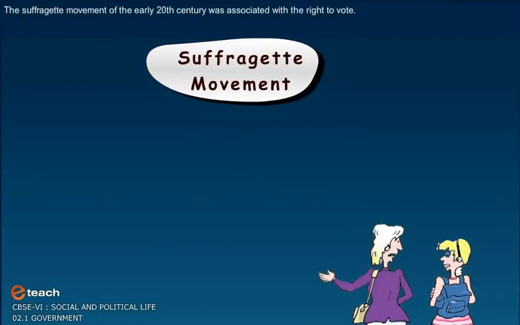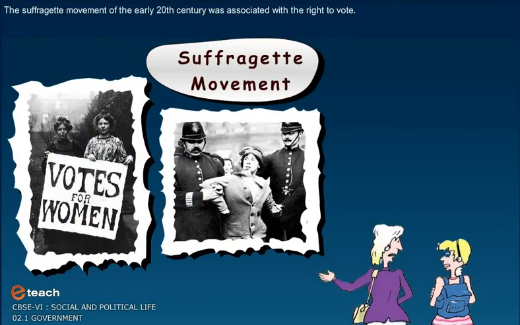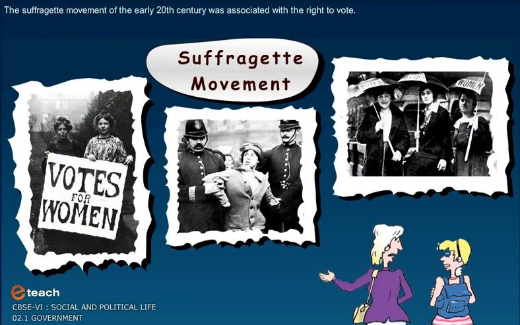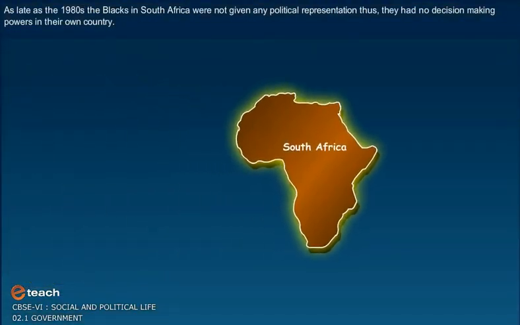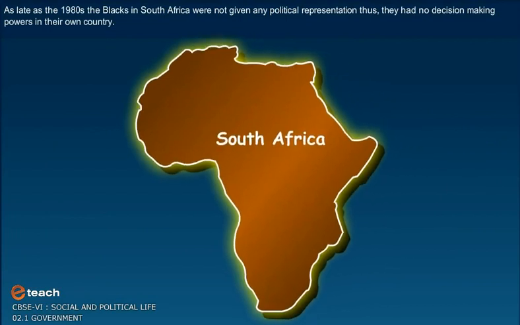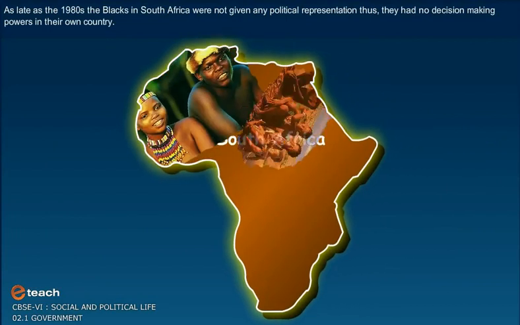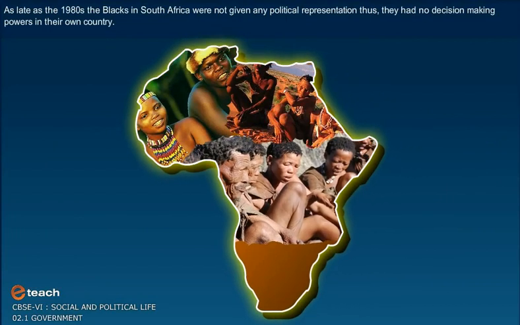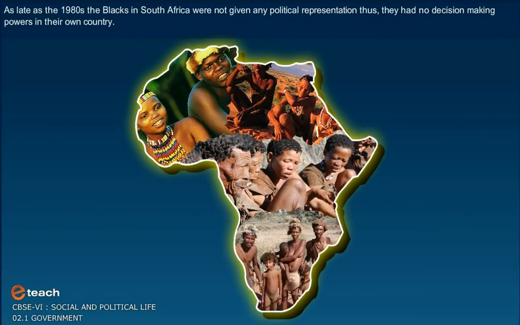The suffragette movement of the early 20th century was associated with the right to vote. As late as the 1980s, the blacks in South Africa were not given any political representation. Thus, they had no decision-making powers in their own country.